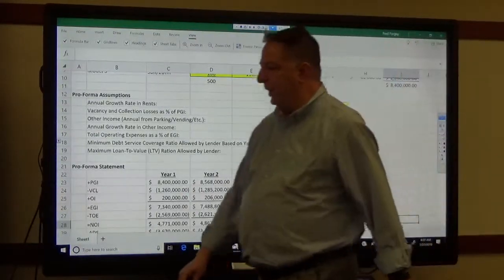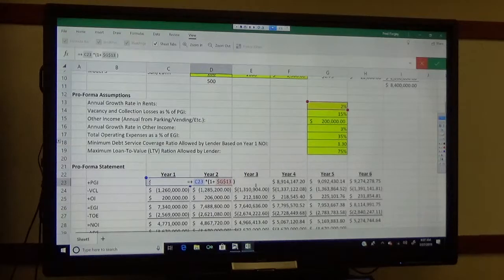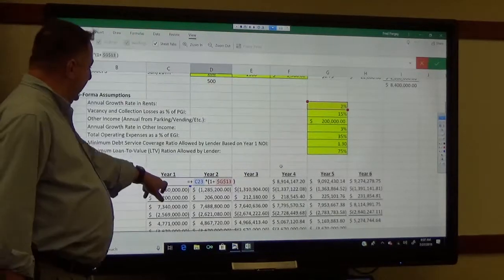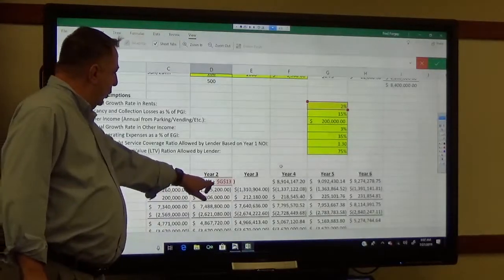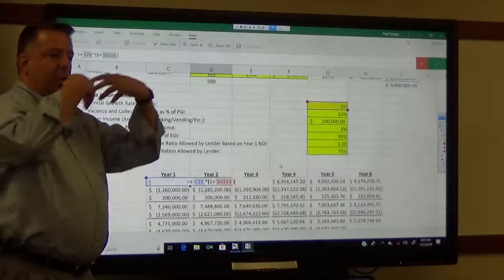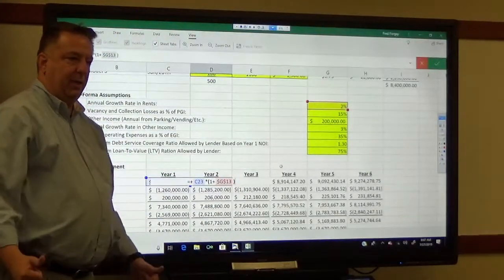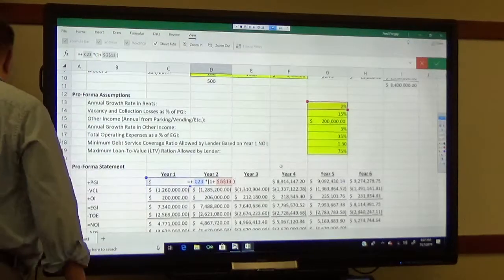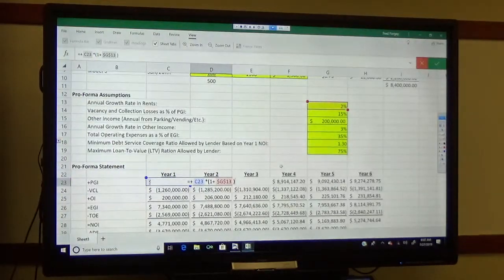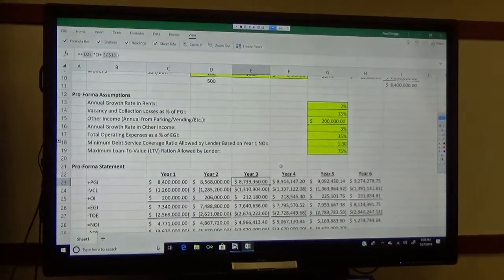So if you look at the formula for the cell here in year 2, that's what you're seeing: year 1 times 1 plus the growth rate of 2%, which simply multiplies it by itself plus the 2%. Everybody cool? And then each subsequent year, same thing. You're multiplying the previous year times the growth rate and so forth.